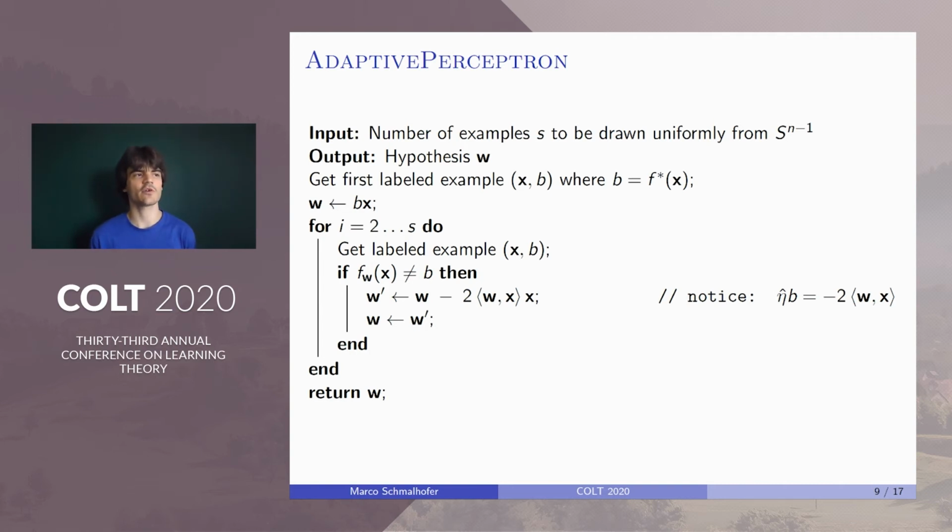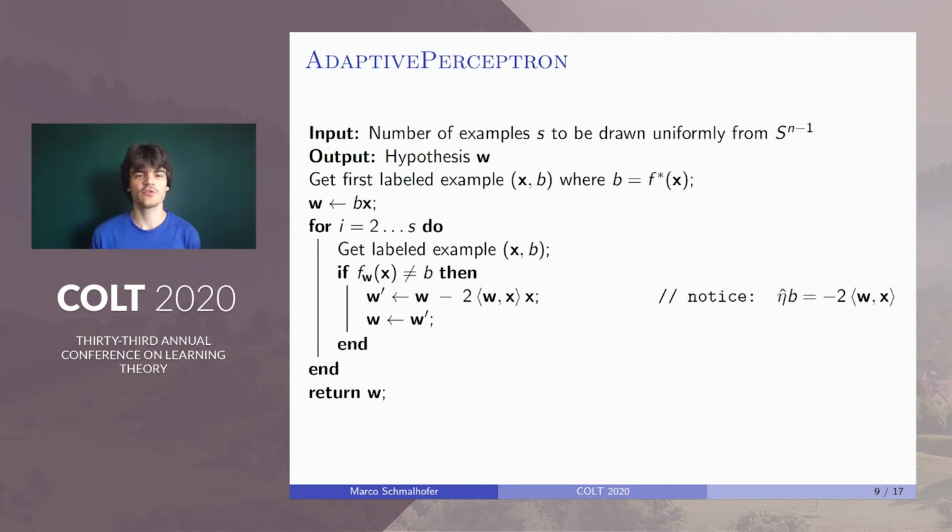As first hypothesis, use the first example, and for each subsequent example, check if it's a counterexample to the actual hypothesis, and if it is, make a perceptron update with this eta proposed in the past section.